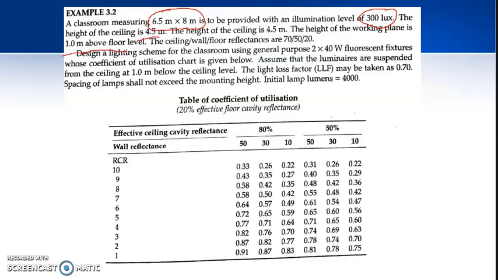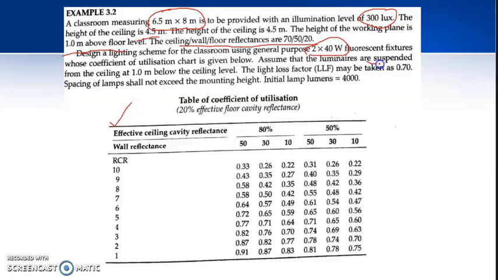And the ceiling, wall and floor reflectances are 70, 50 and 20%. You are asked to design a lighting scheme with a 2 into 40 watt, that is a double tube in a single fixture. That is what it is indicating, 2 into 40 watts. And the coefficient of utilization you need to calculate from this particular table.